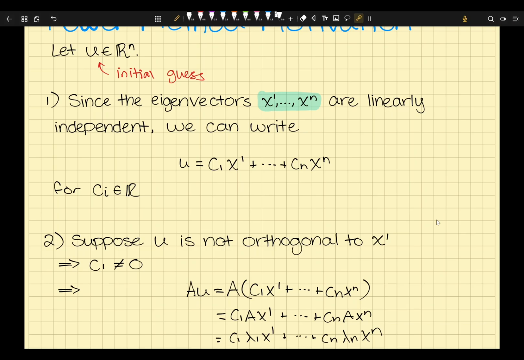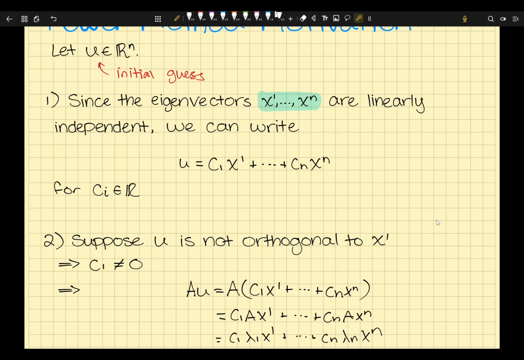And then we're going to do the same trick. So we're going to distribute that A again. So now this will be c1 lambda 1 A x1 all the way through cn lambda n A xn. And then again, this A x1 is just lambda 1 x1, and this A xn is just lambda n xn.